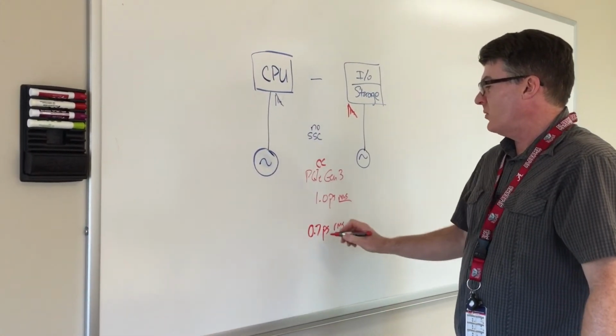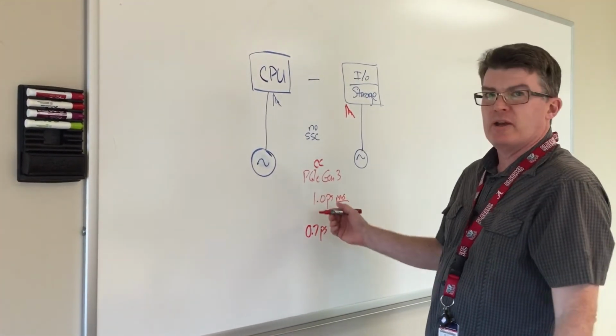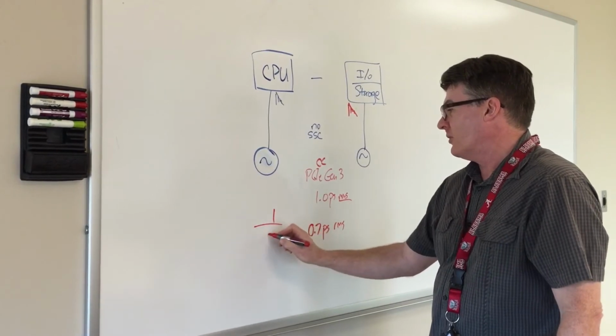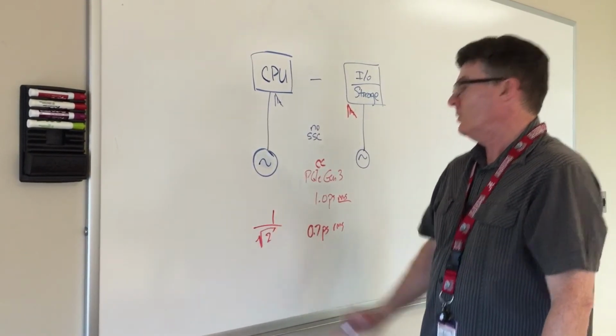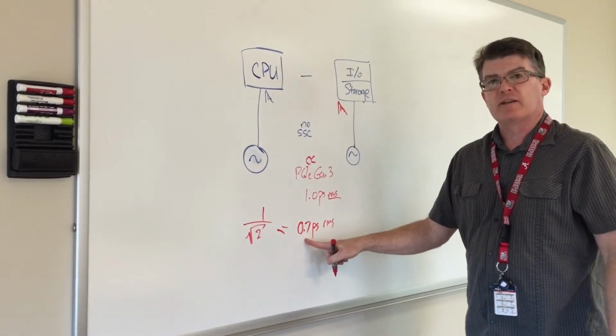Because this is root mean squared, the 0.7 is actually twice as good because it's a square root, so it would be 1 over the square root of 2, which equals 0.7 picoseconds RMS.